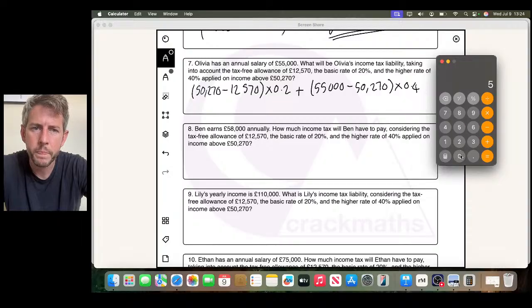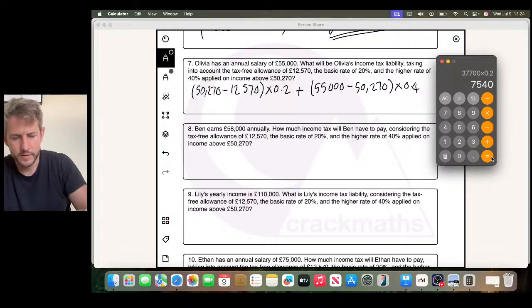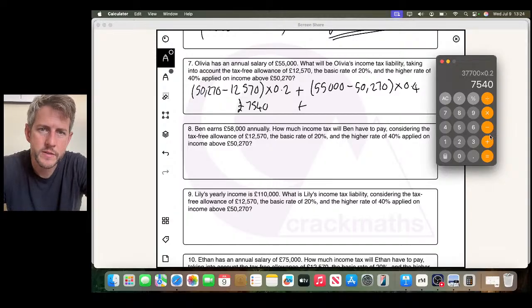So 50,270 take away 12,570 equals this, multiplied by 0.2. Okay, so this bit's worth 7,540, and then let's add on the extra bit. So the bit that she has to pay the higher tax on is 55,000 take away 50,270, times 0.4. No, not minus 0.4, times 0.4.